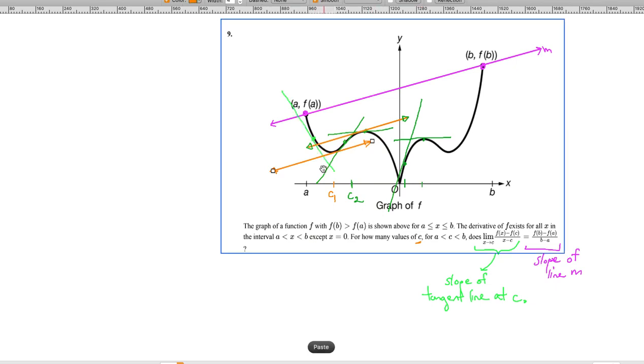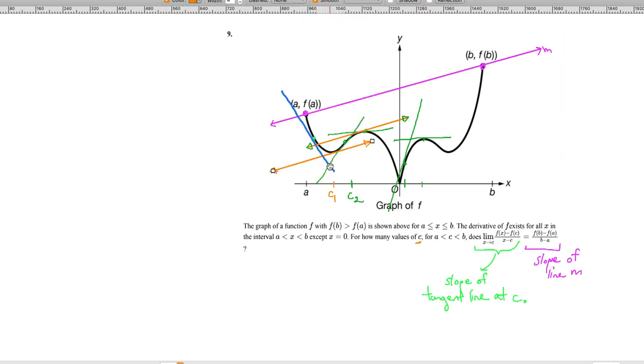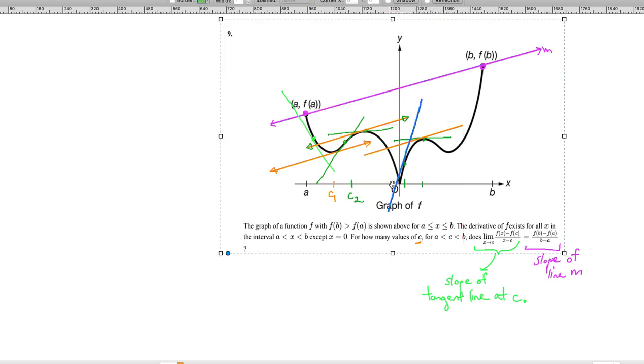Did I make another one? Yep, I did. So there's going to be some other point, maybe right there, where again, this orange line is going to be parallel to the secant line. Let's say this point right here is C3.